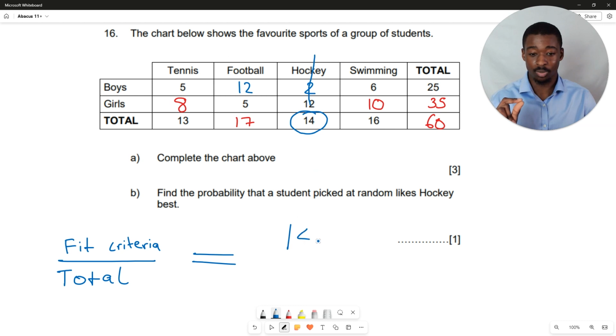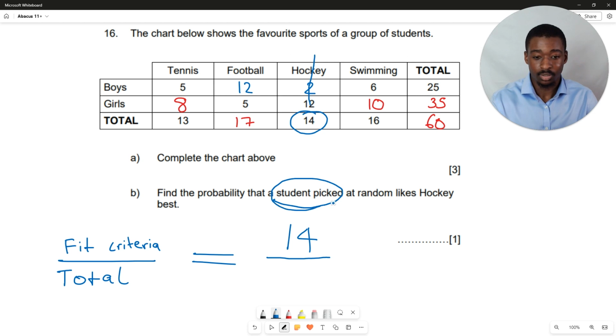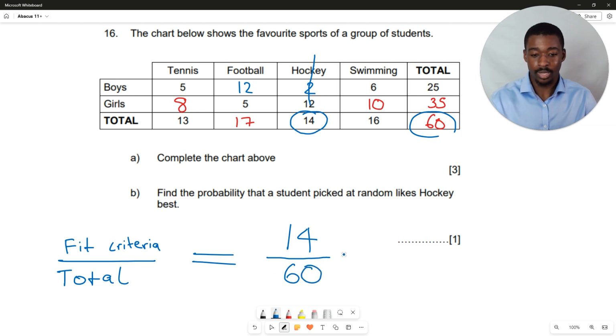So 14 is our numerator. And then how many students is this out of? Well, because we're picking students out of students, our bottom number, the total number, should be the total number of students, which is 60. right? So we have 14 over 60.